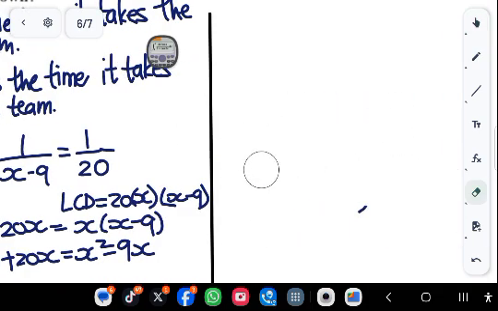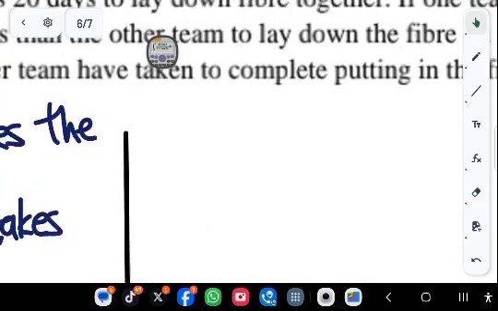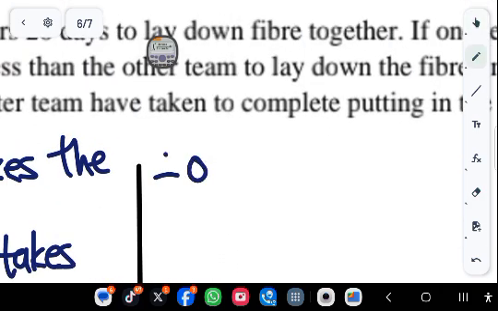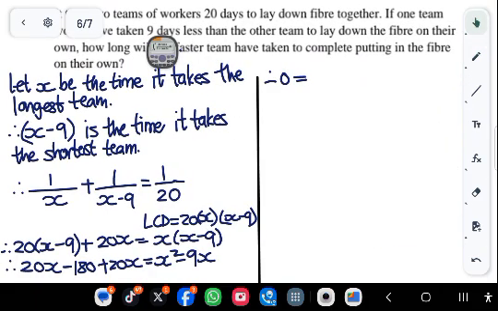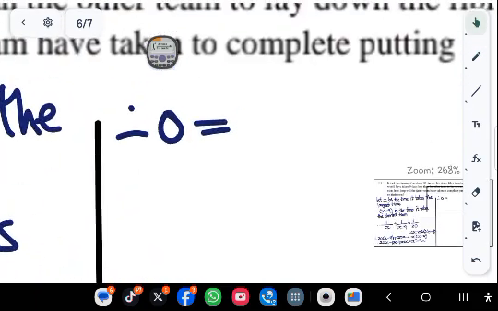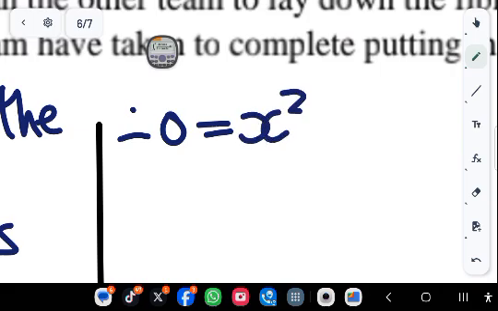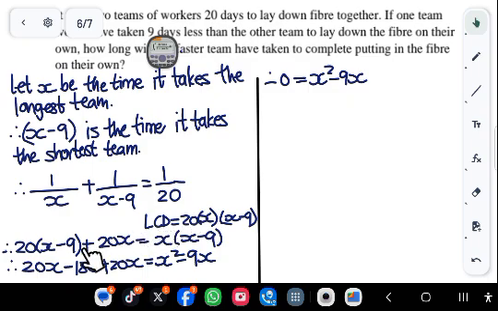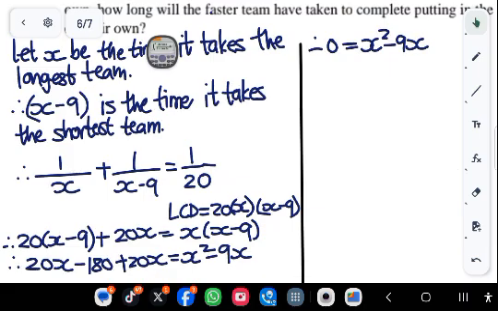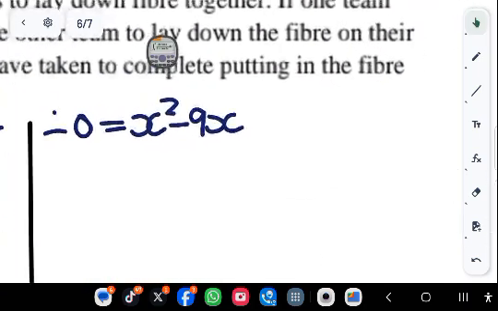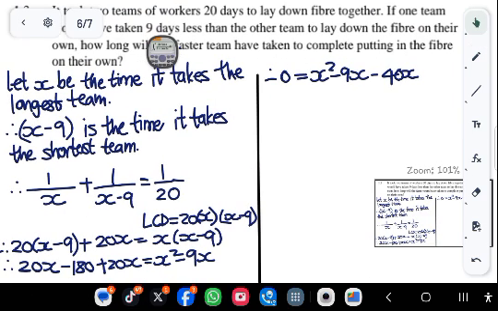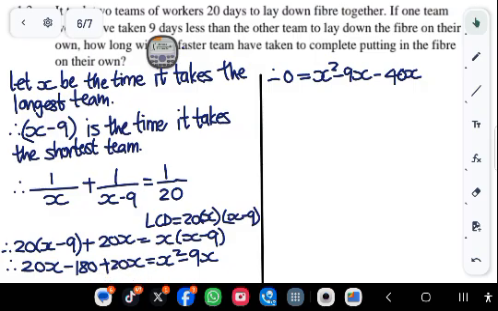Therefore, 0 equals x squared minus 9x, and then you take everything on the left hand side to the right hand side: minus 20x plus 180.